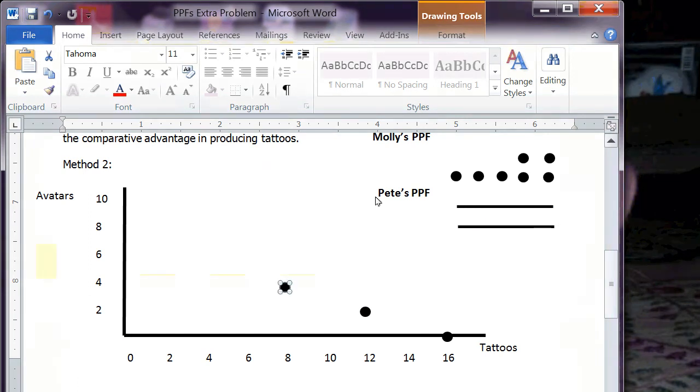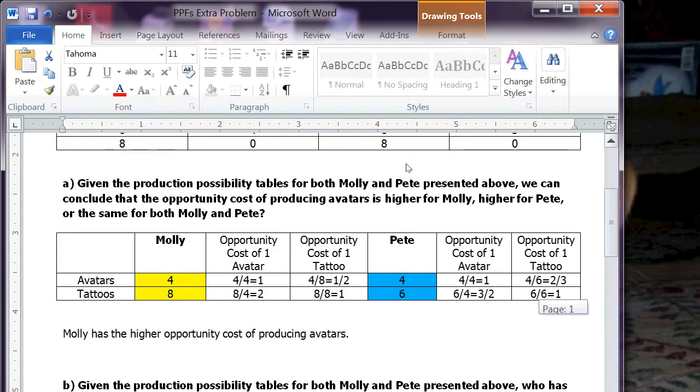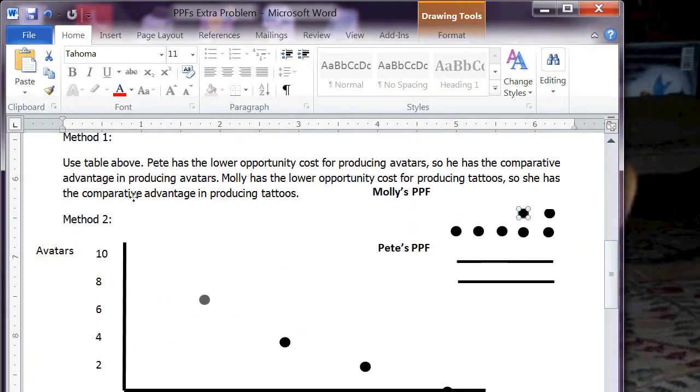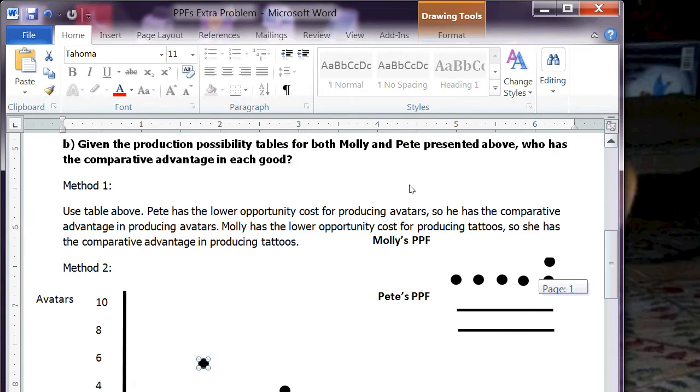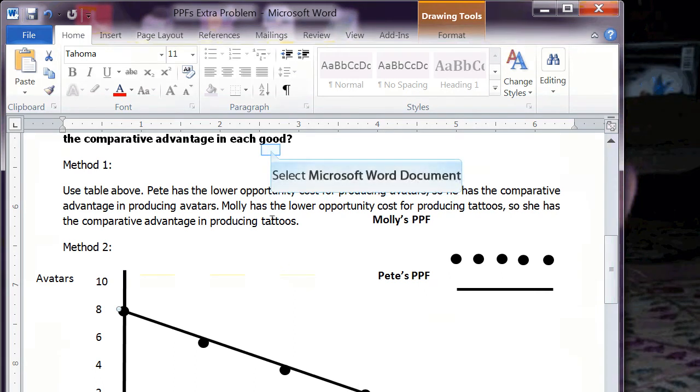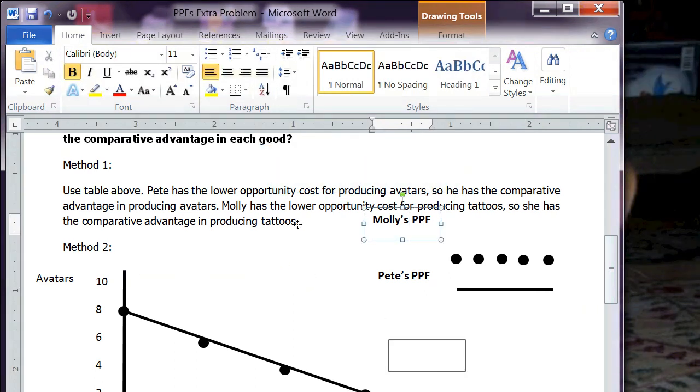Right there. 6 and 4. There. And last, 8 and 0. So if she produces 8 avatars, she can't produce any tattoos. So we're going to go ahead and connect the dots, and so this is Molly's PPF.